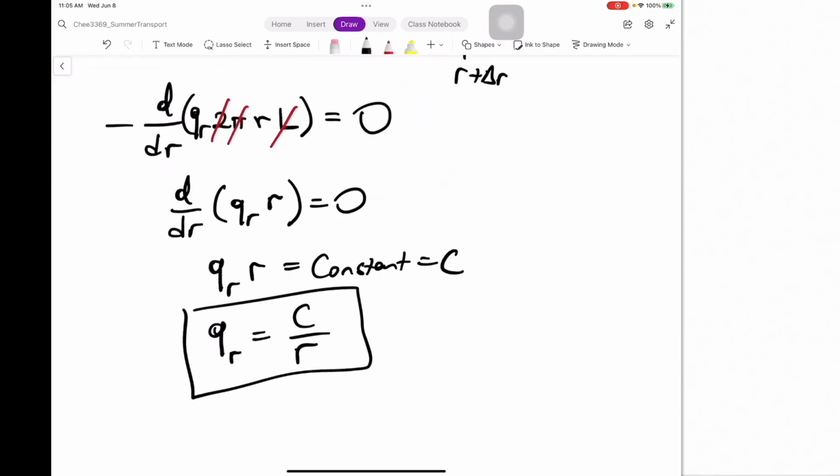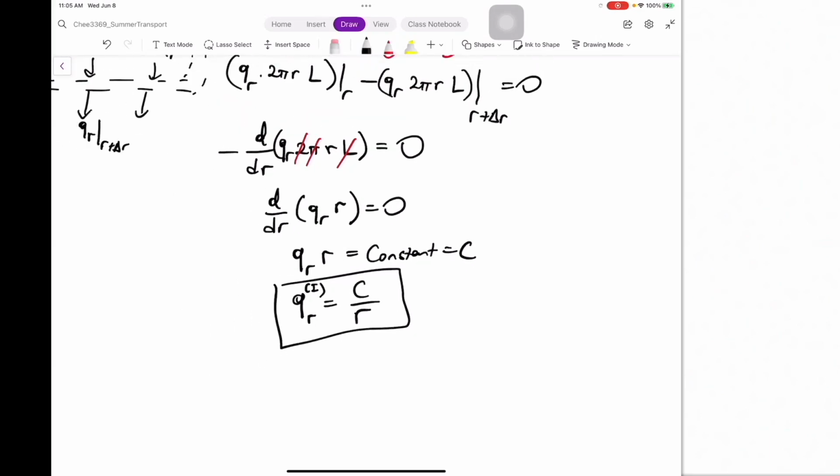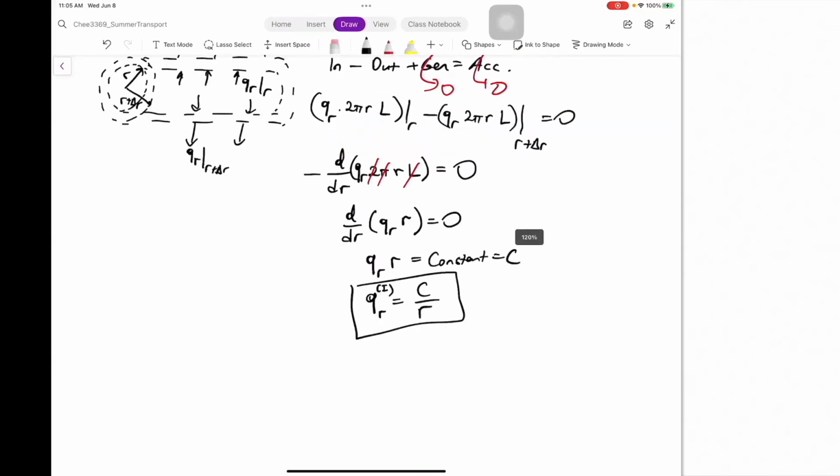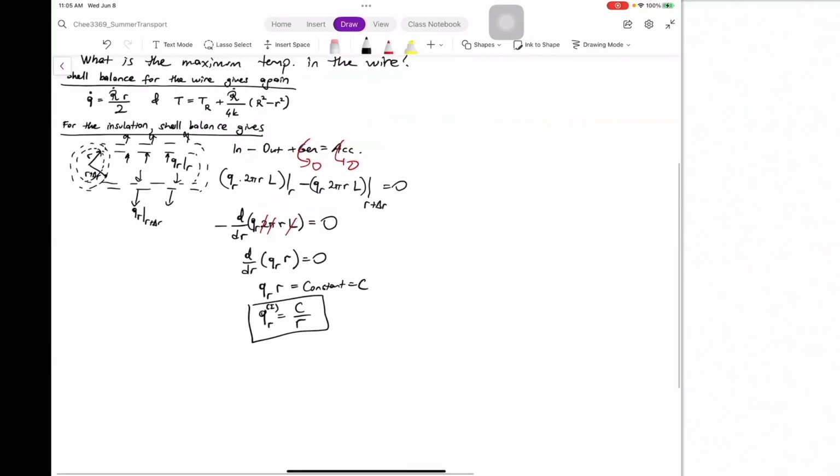This is not the Q at any point, it's the Q through the insulation. And unlike the slab case, we do not have a constant flux. It's changing with R, scaling with 1 over R.